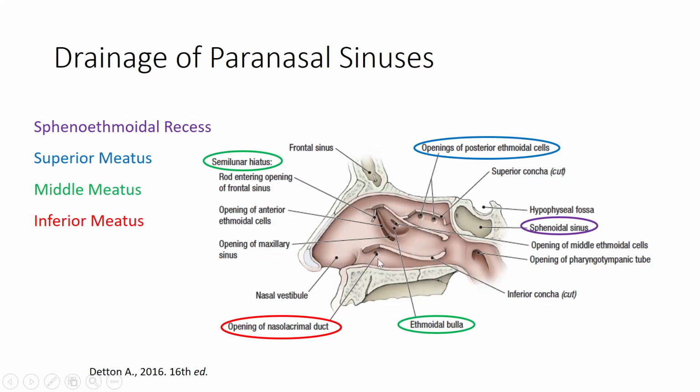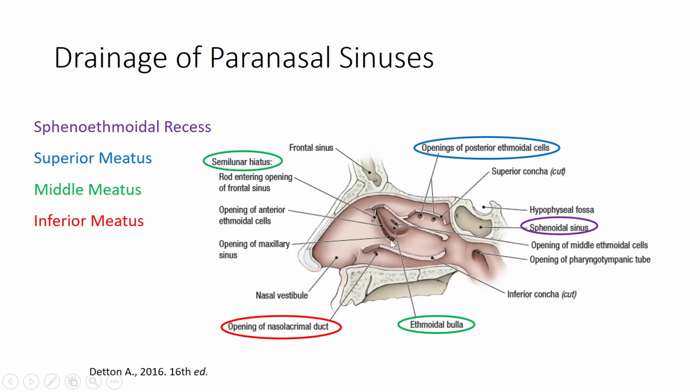Then in the middle meatus, we will find these two structures. One is the semilunar hiatus, which is this one, as it has a half moon shape, which is a semicircular groove where the frontal sinus, from superior to inferior, frontal sinus, then anterior ethmoidal air cells, and then the maxillary sinus will drain here.